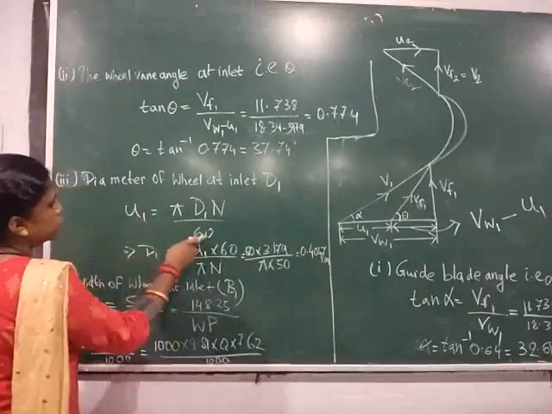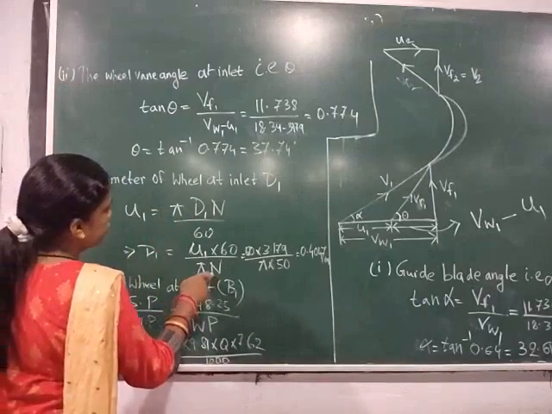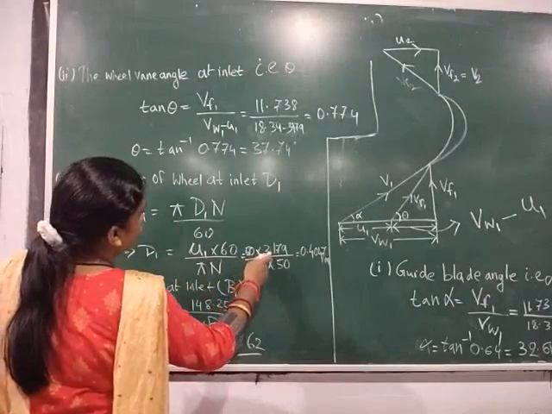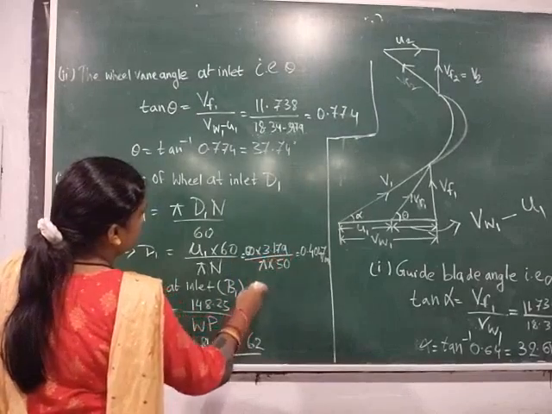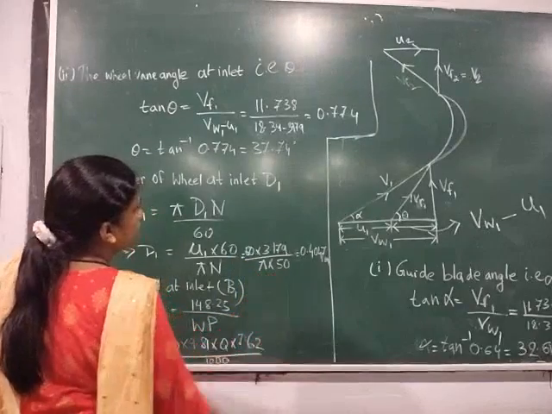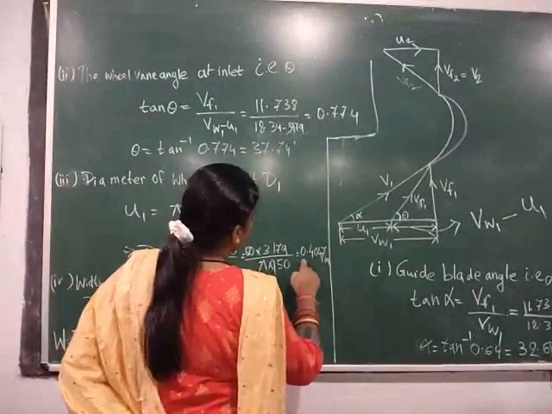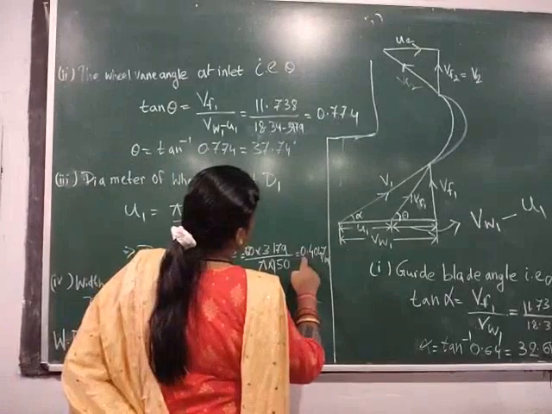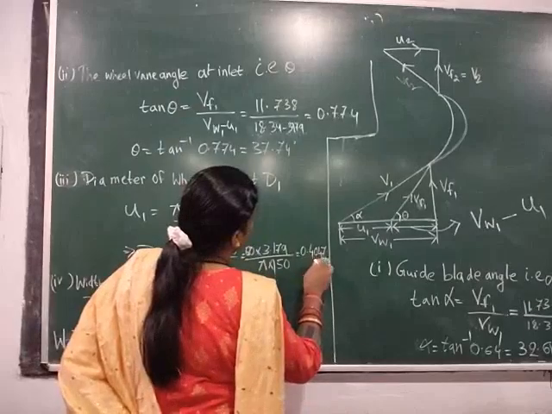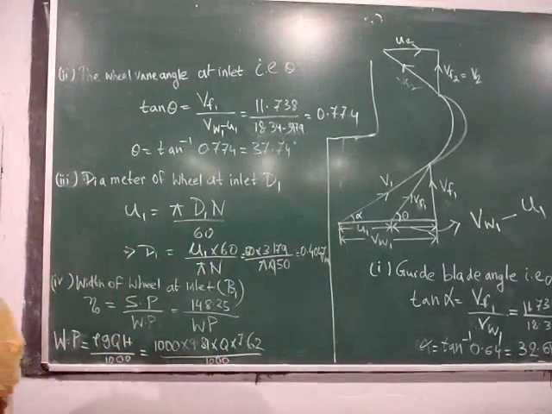U1 into 60 divided by pi into N. So 60 into U1, which is 3.179, divided by pi into N, which is given as 150 rpm. We are getting an answer of 0.4047 meter.